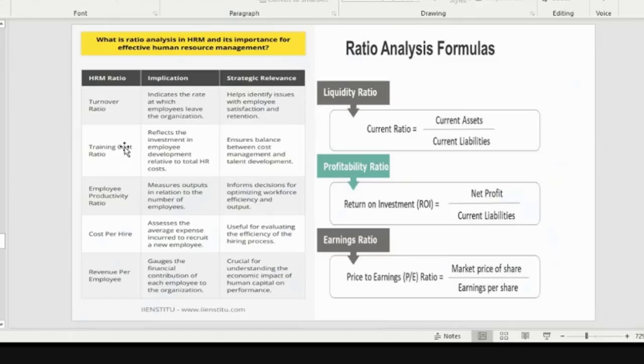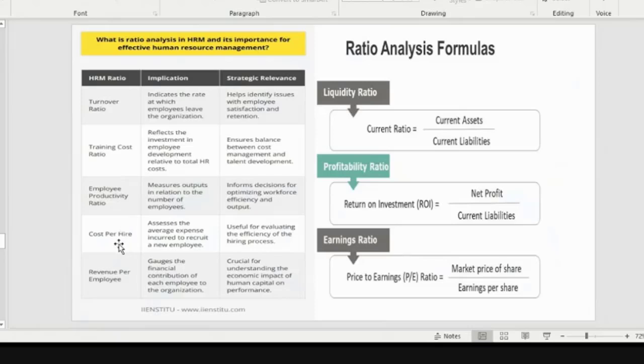Now, the training cost ratio reflects the investment in employee development relative to total HR cost. And it ensures the balance between cost management and talent development. The employee productivity ratio would measure the output in relation to the number of employees. And that informs decisions for optimizing workforce efficiency and output.